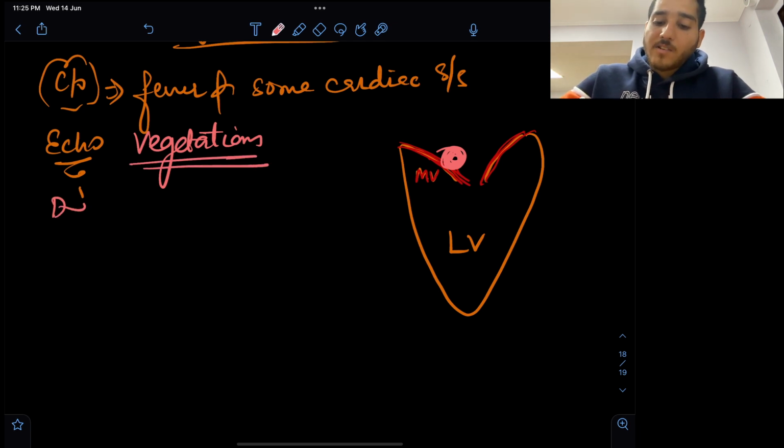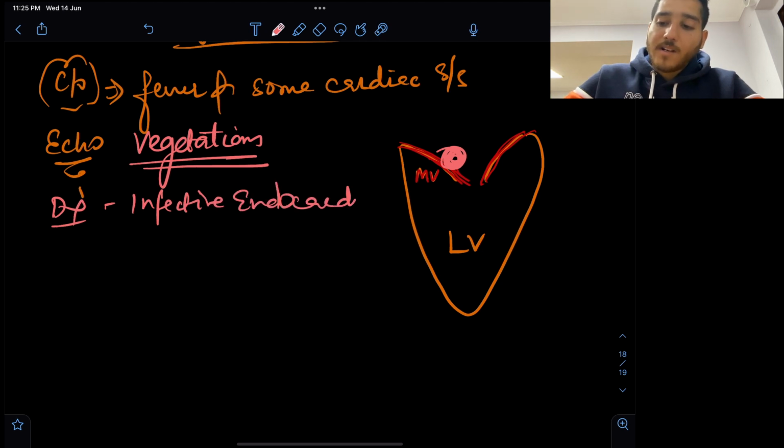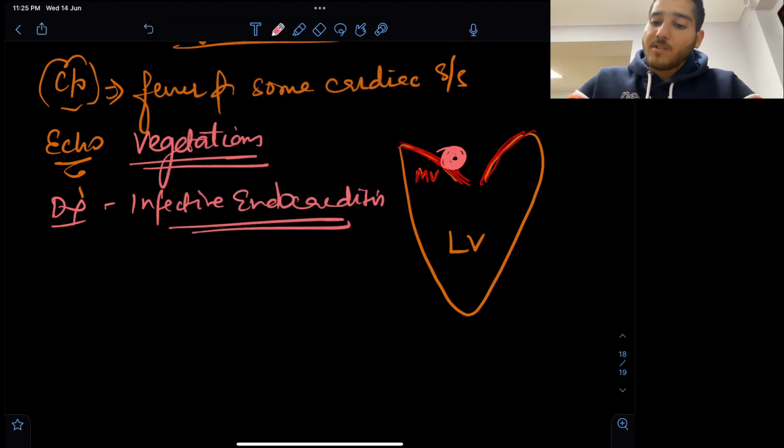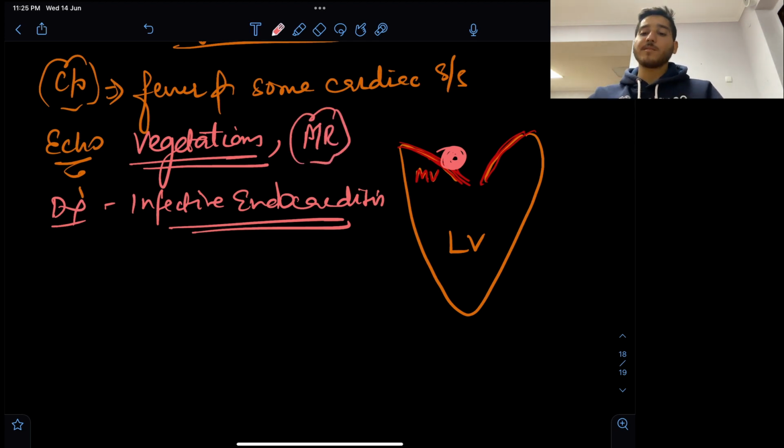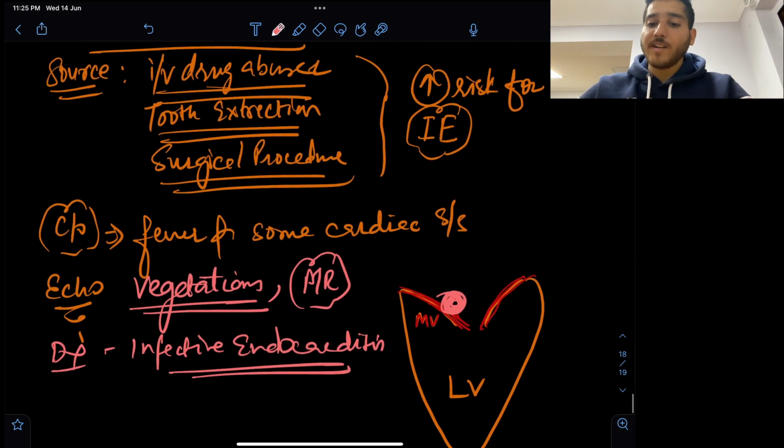So we'll make the diagnosis of infective endocarditis. Apart from vegetation, there can be some mitral regurgitation also. Some valvular deformities can also be present because of these vegetations. So this is infective endocarditis.